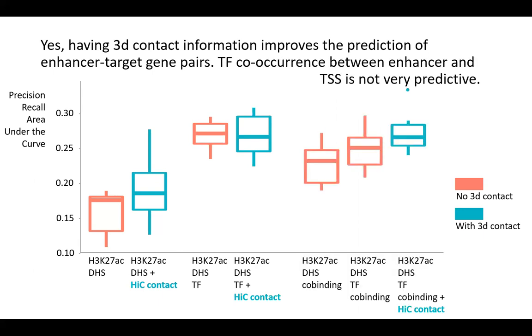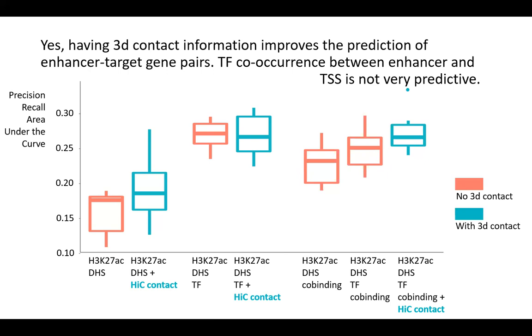And if you put in co-binding peaks, co-occurring peaks between the enhancer and the promoter, you can see that again, you see an increase in the prediction power if you have the 3D physical contact information there compared to just relying on the genomic distance.